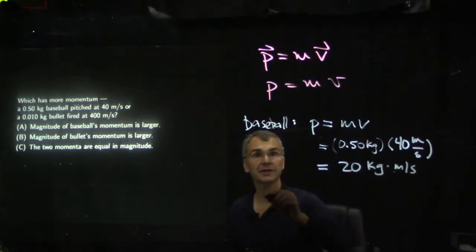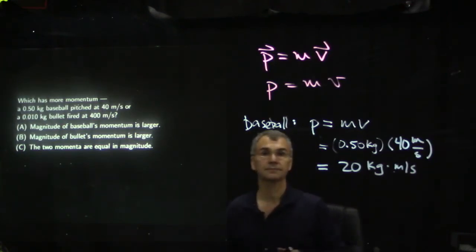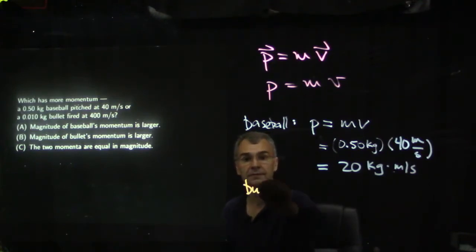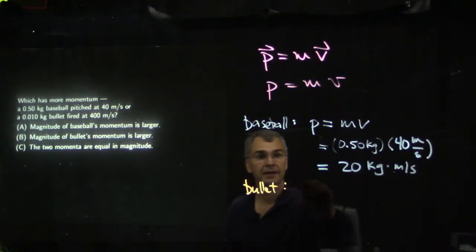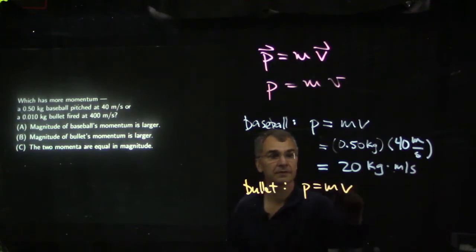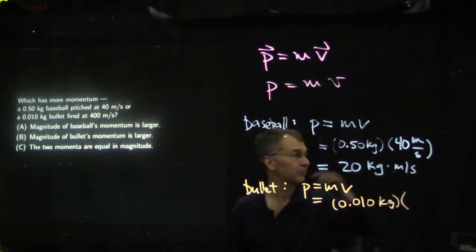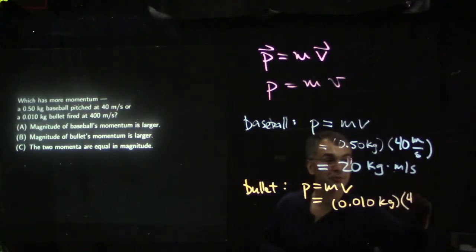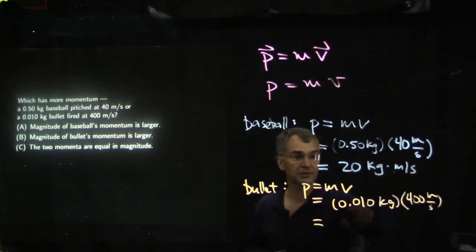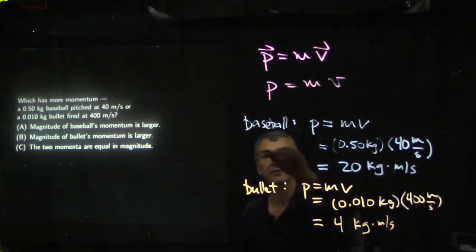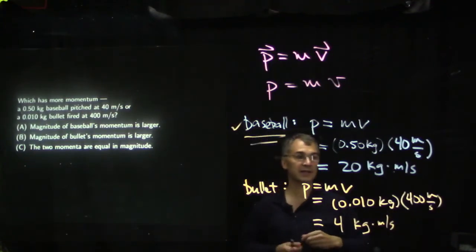And for the bullet, we have 0.010 kilograms times 400 meters per second, which is, so it's 400 divided by 100 is 4 kilogram meters per second. So indeed, the baseball has the bigger momentum.